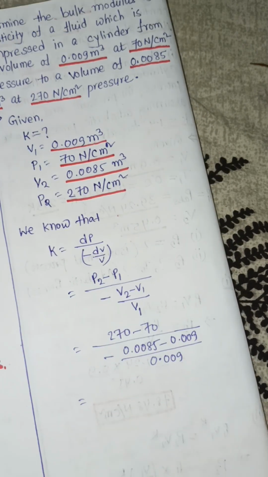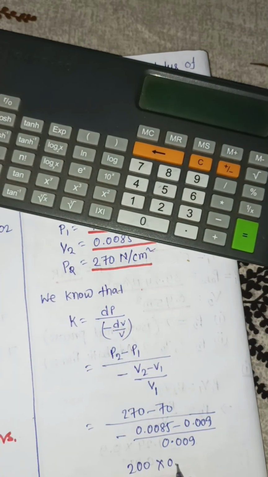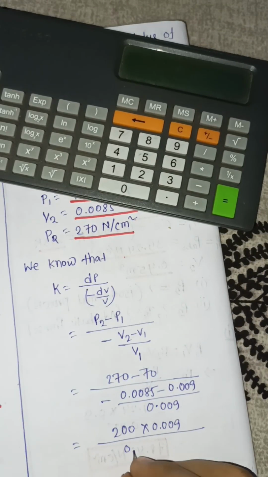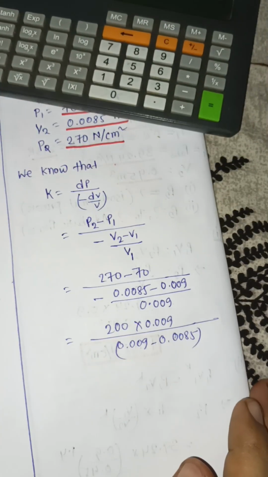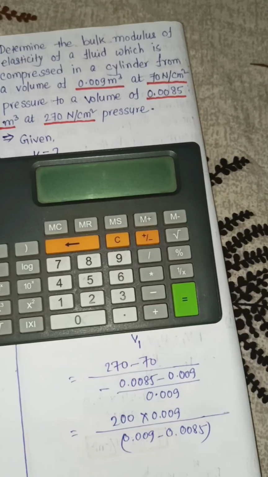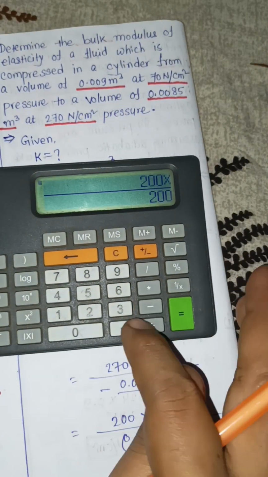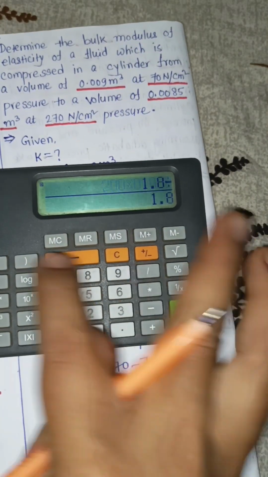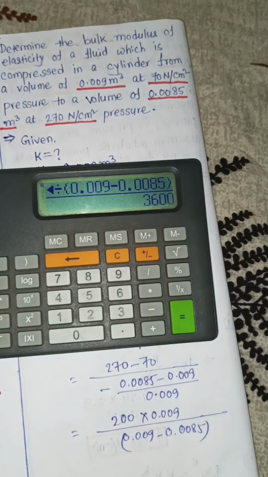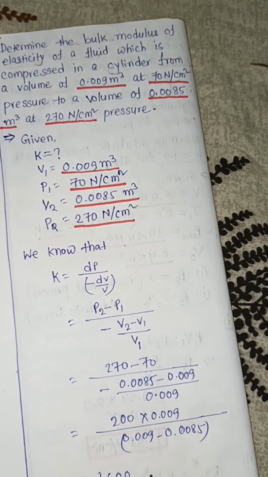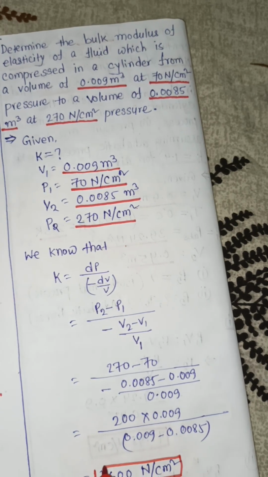So if you want to calculate this value, so this value will be 200 into 0.009 divided by 0.009 minus 0.0085. So this value will be 3600 and the unit will be Newton per centimeter square. So the answer will be 3600 Newton per centimeter square.